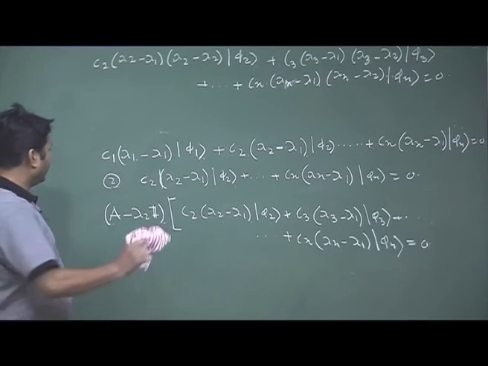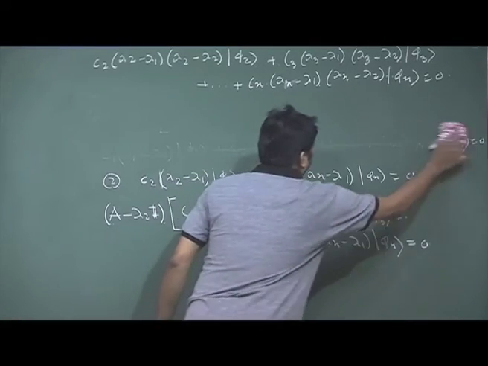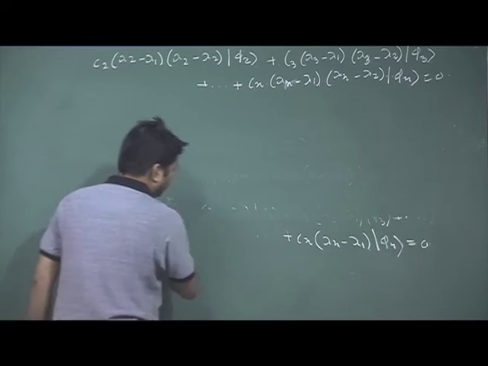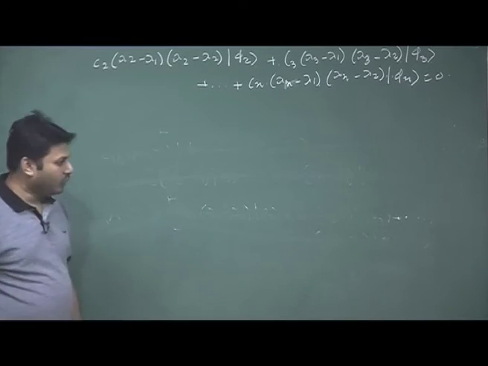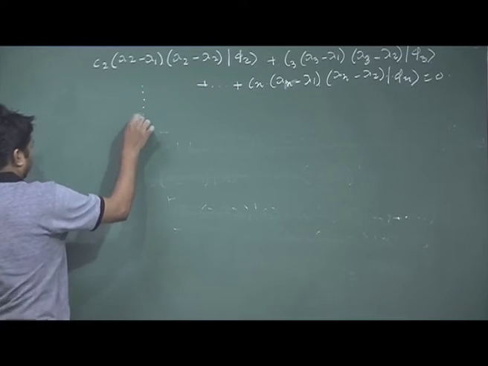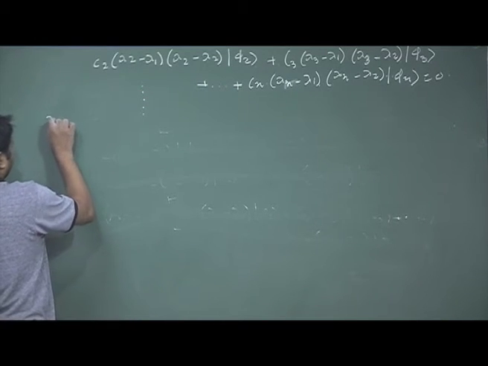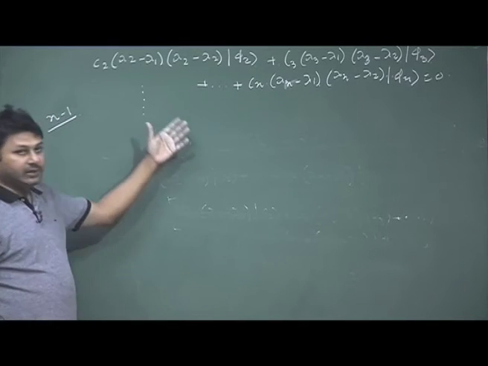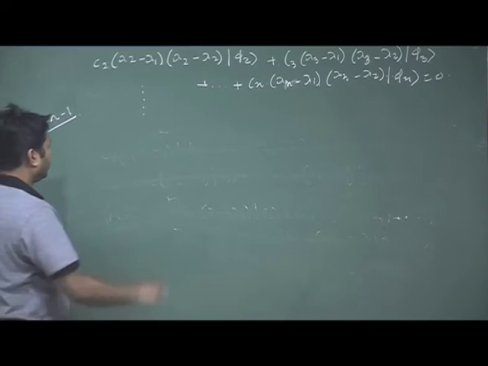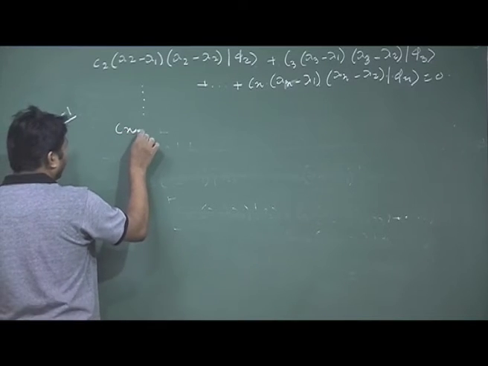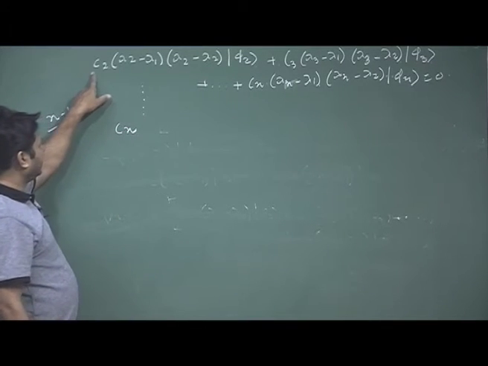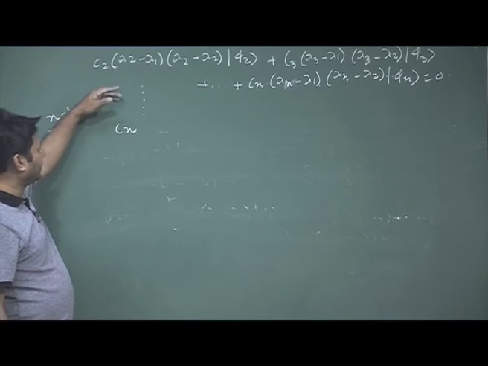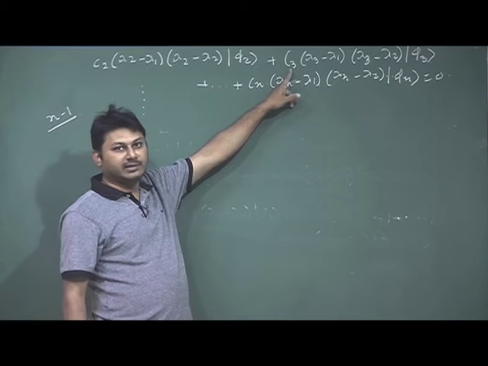So, if I go on with n minus 1 operations, then finally I will have one final equation, because C1 vanishes in the first operation, C2 vanishes in the second operation, third operation C3 is going to vanish and so on.